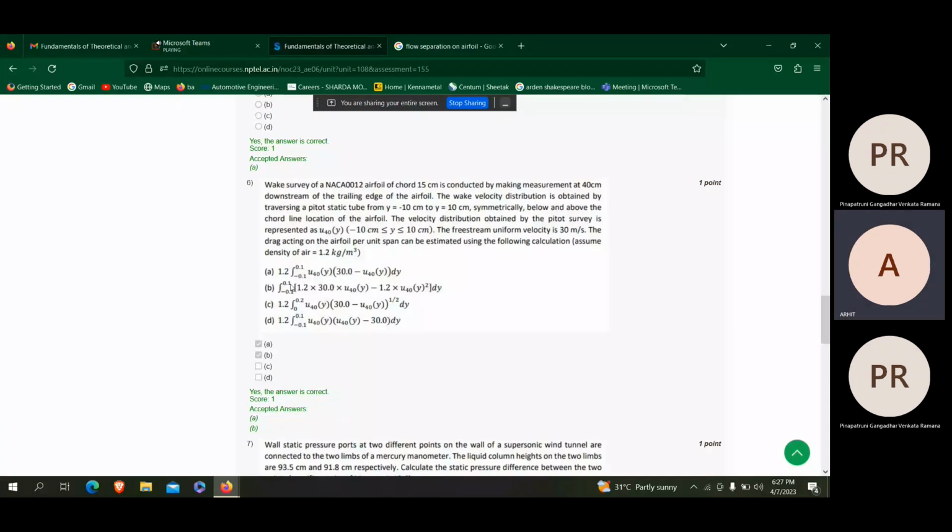The professor was taking a control volume around the airfoil in the wind tunnel, and after that he was analyzing that control volume, the wake formation at the trailing edge, that momentum deficit. That only I could not understand.